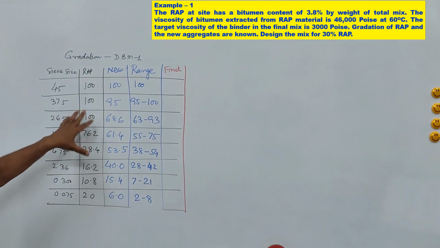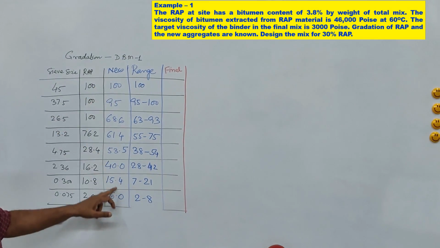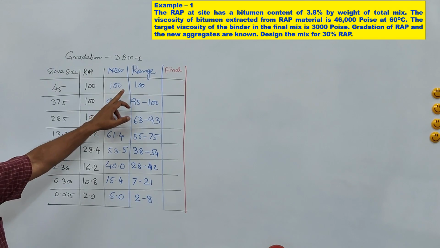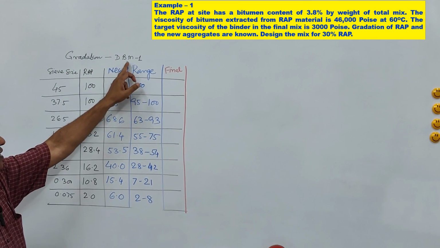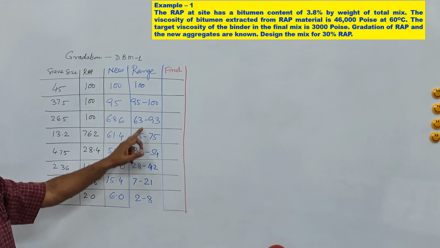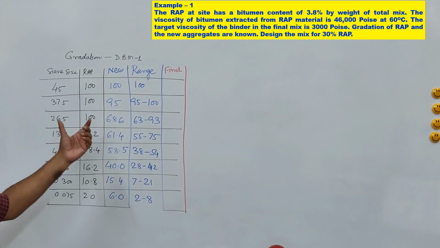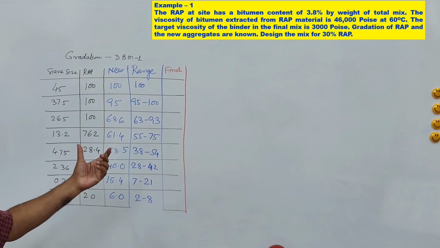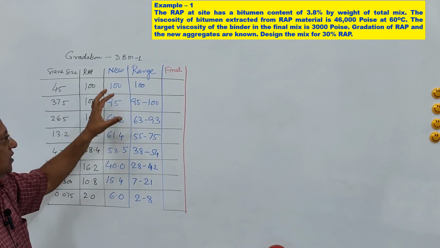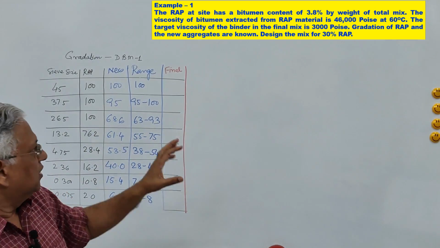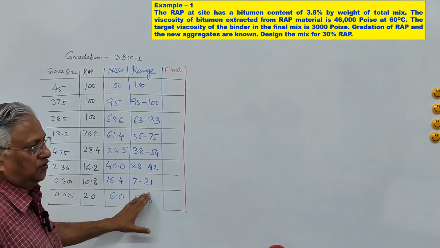Let us take in this example that you have new aggregate of this gradation, and that is the range specified for DBM 1. So when you mix 30% wrap with new aggregate, the final grading should be near the midpoint of this range.